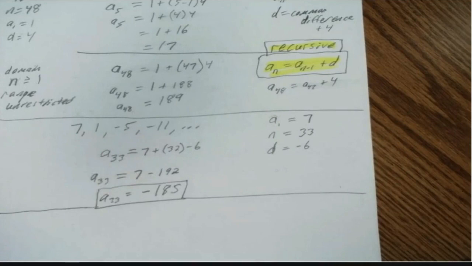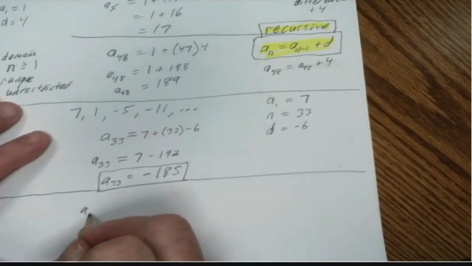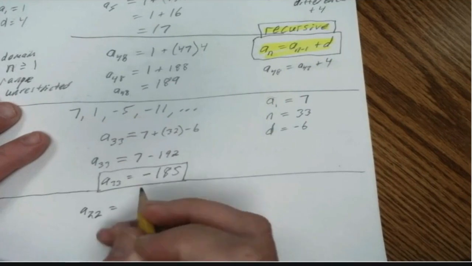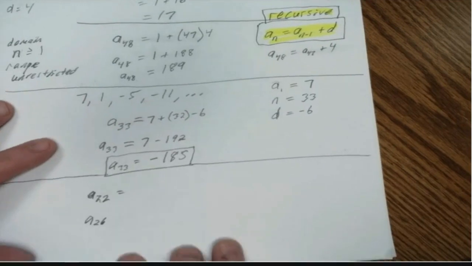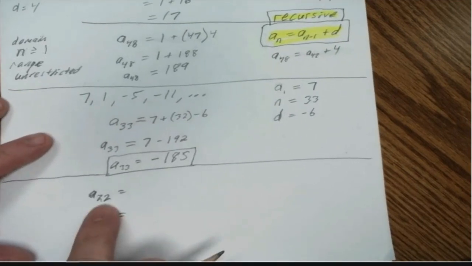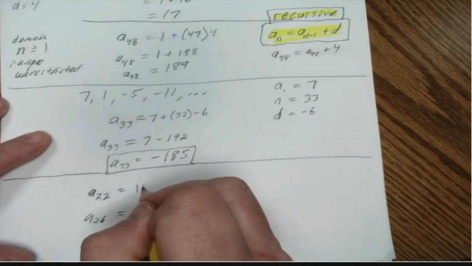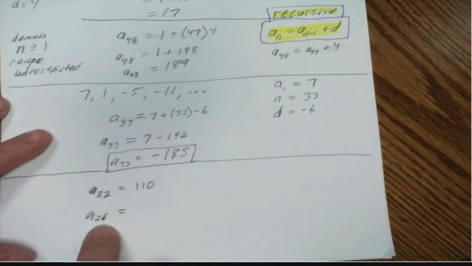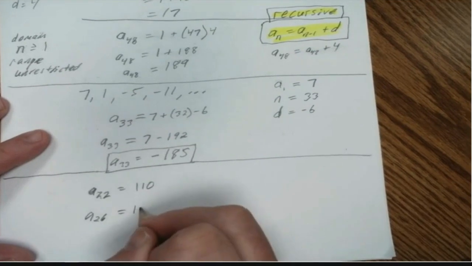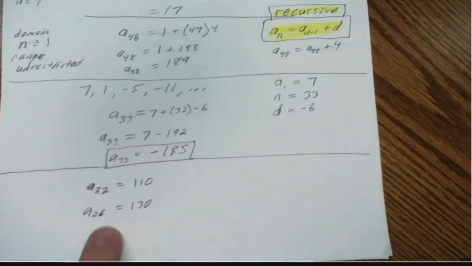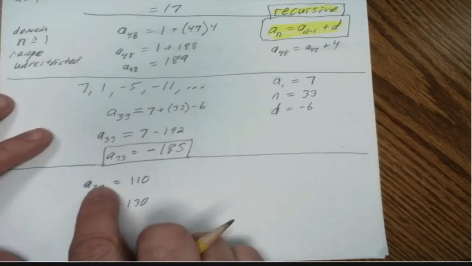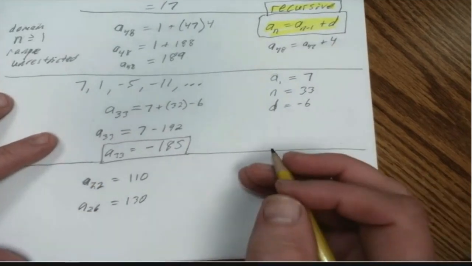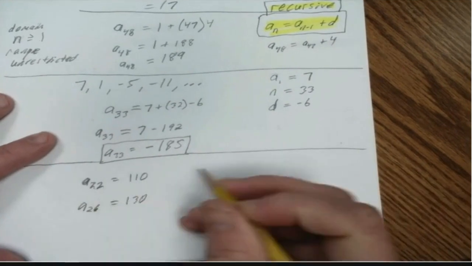Yeah. So if they say the 22nd number in a series is 110, and the 26th number in a series is 130, but they don't tell you the difference, they don't tell you anything else, they just tell you what 2 terms are, right? When we jump down from 22 to 26, there's a difference of 4, and there's a difference of 20.